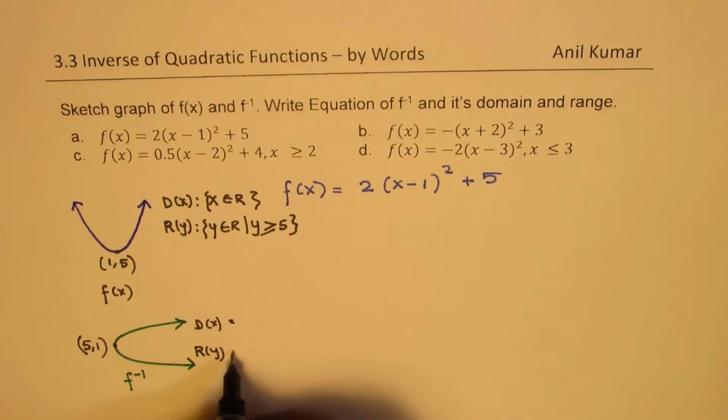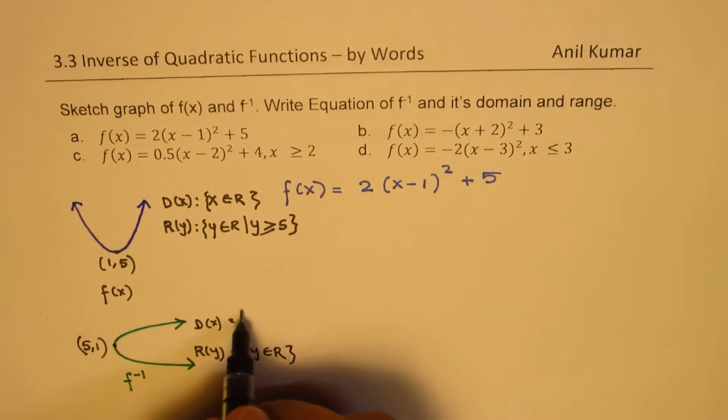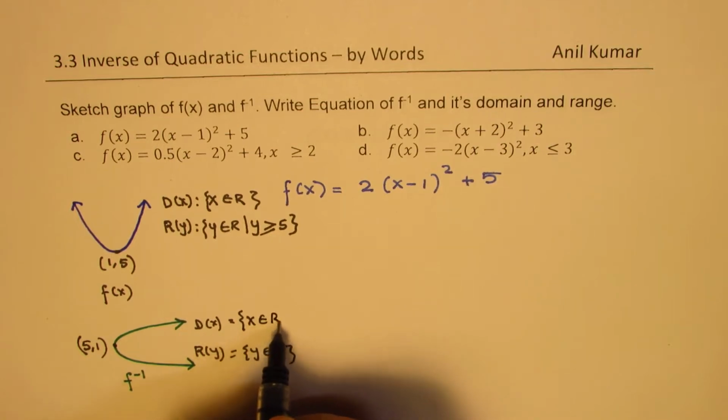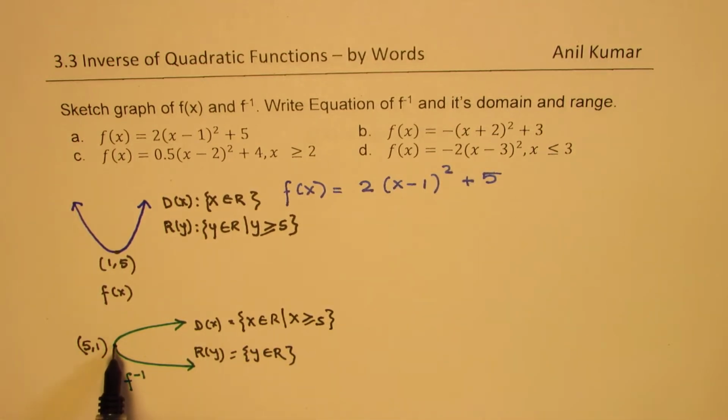It's an inverse function. So in this case, as you see, the range is y belongs to real numbers, no restrictions, but on the domain, x belongs to real numbers, where x is greater than or equal to 5, correct? Makes sense on the right side of this 5. Is that okay? So you can get the domain and range of your function and the inverse, right?